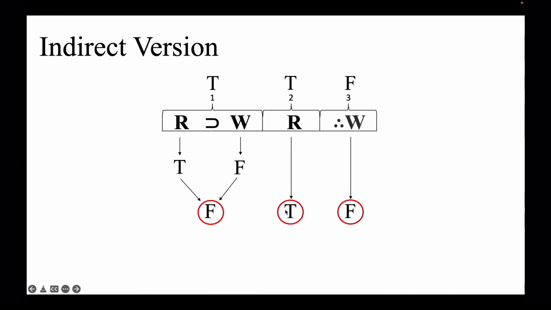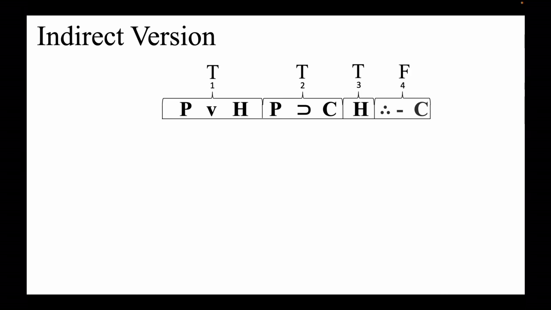And a false, true, false indicates that the argument is valid. All right. Let's move on to a more complicated example.